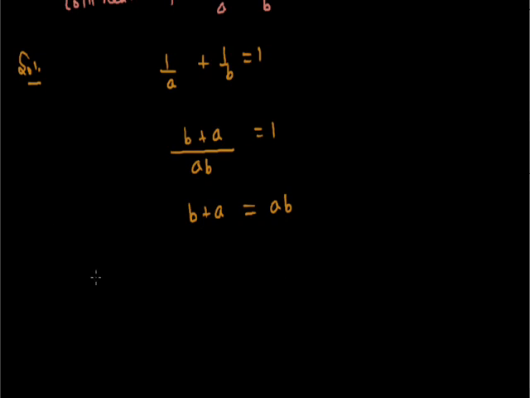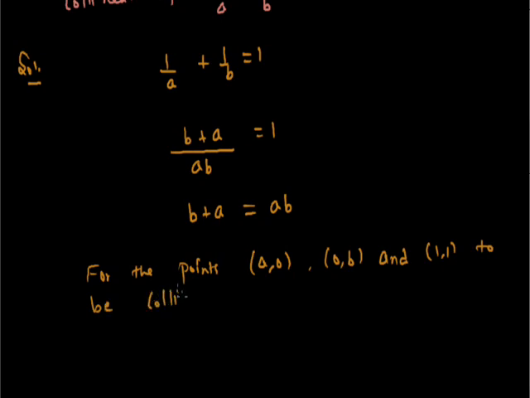Now for the points (a, 0), (0, b) and (1, 1) to be collinear, area of triangle will be equal to 0.